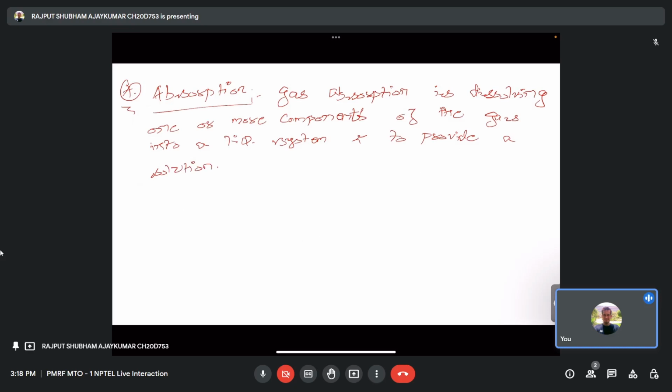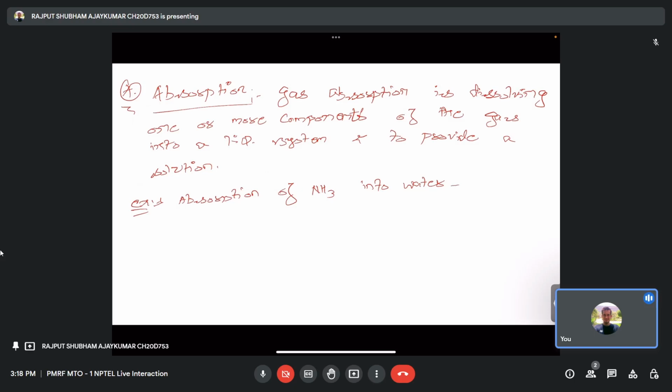This is one of the basic definitions of absorption. Examples are absorption of ammonia gas from byproduct coke oven gas, or absorption of ammonia into water, and so on.